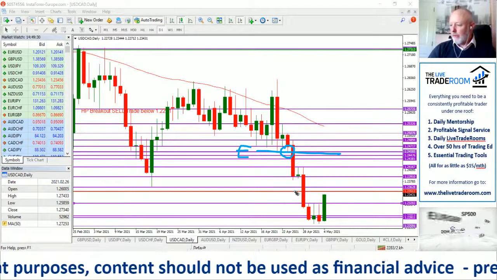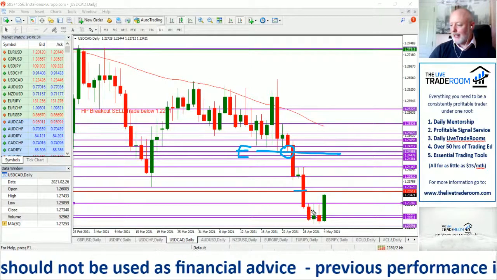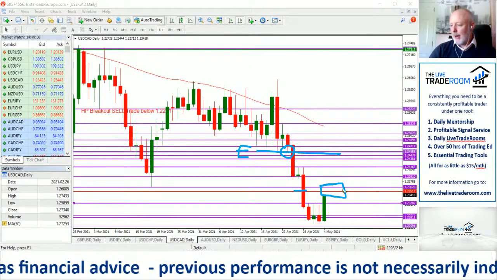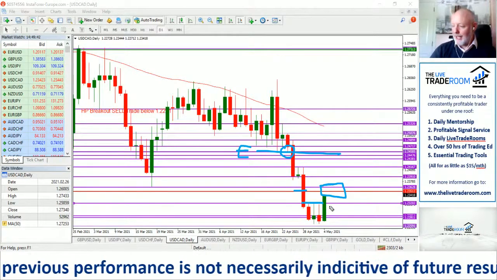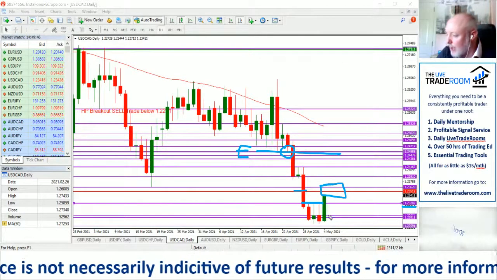We've broken through the monthly low, the previous monthly low. We extended to the downside. You've got the opportunity to give it a little bit of time around this level. I suppose when the market is telling you to sort of book in profit is actually around the 123.20 level.